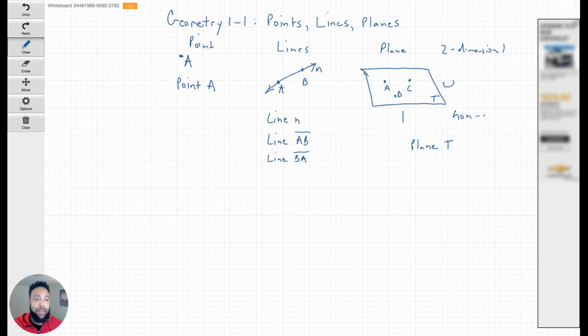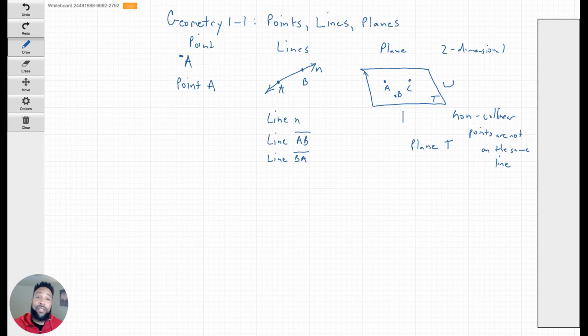So when you represent a plane, you have to represent it by points or the letter that you have in the corner, but it has to be 3 points that are non-collinear. And in this situation, it's A, B, and C. So this is either plane T or plane ABC.